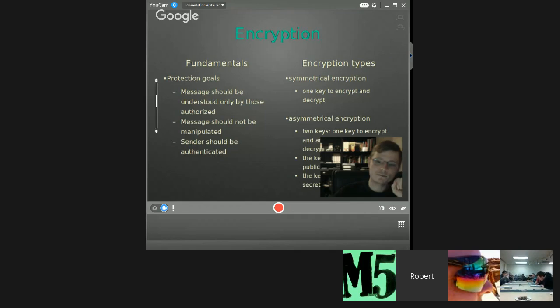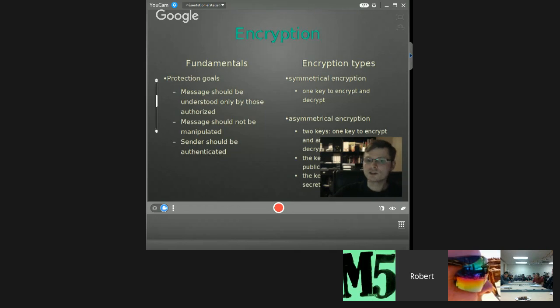Asymmetrical encryption is very CPU intensive, so it needs a lot of calculation power, and you need long keys. For symmetrical encryption, the most common algorithm is, for example, the AES algorithm. It's already secure at 128 bits. If you are a little bit paranoid, maybe 256 bits, but with this key length it's pretty secure if you have a random key which is not easy to guess.